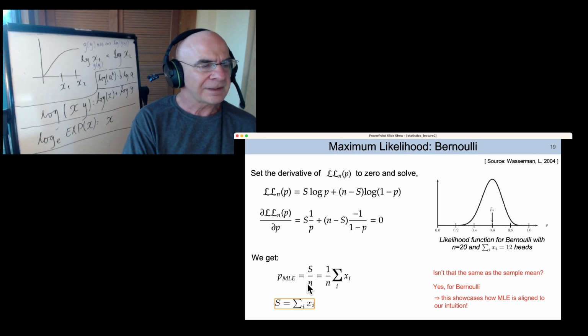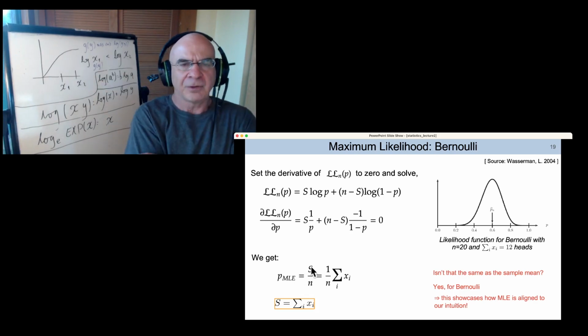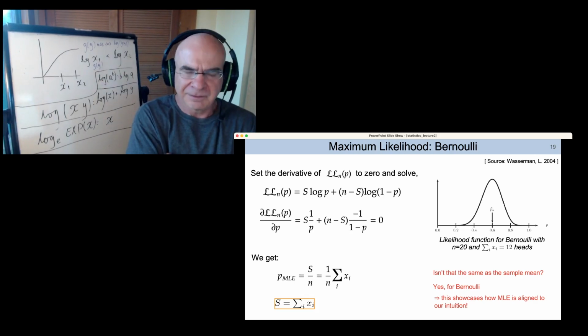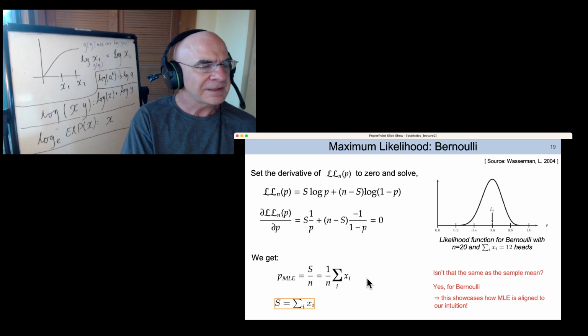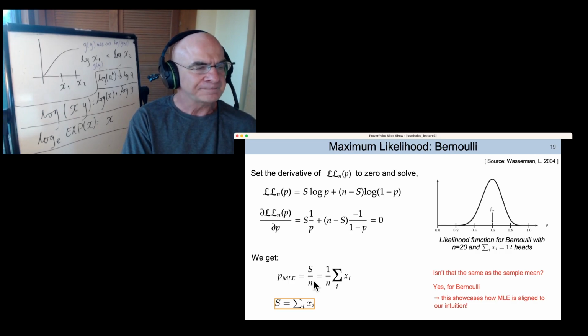And solving it, we get that p at the maximum is nothing but what we all know ahead of time, but now we can prove it. What is the maximum p based on this formula? It's s, how many heads you got, divided by n, the number of trials that you have.